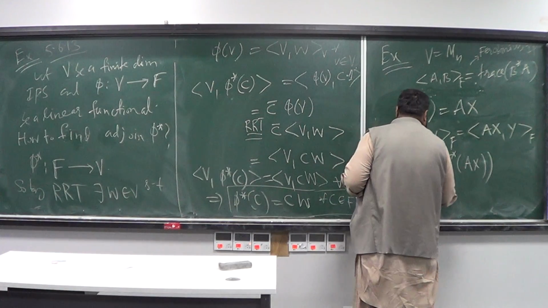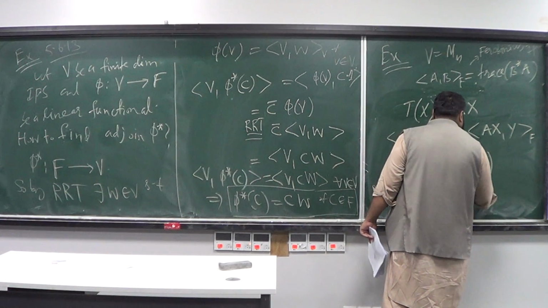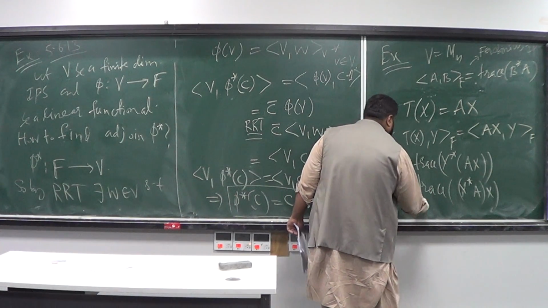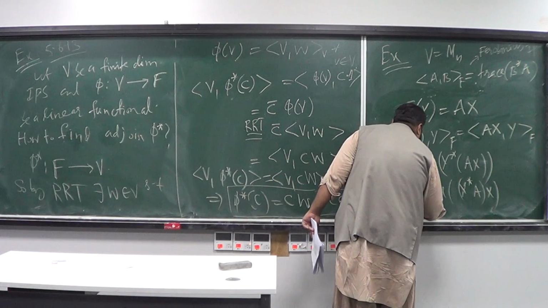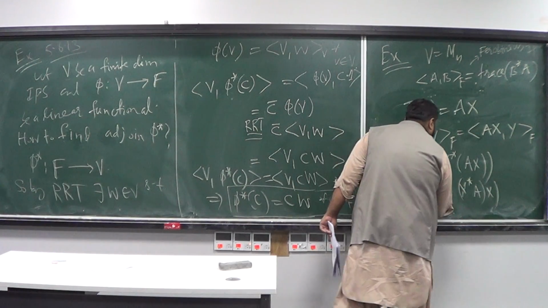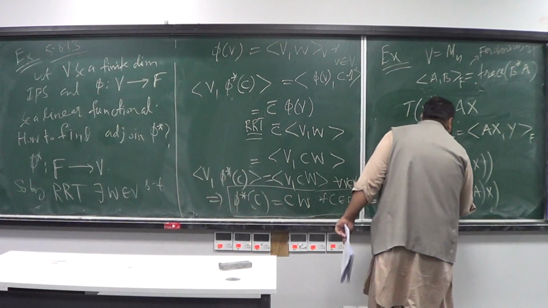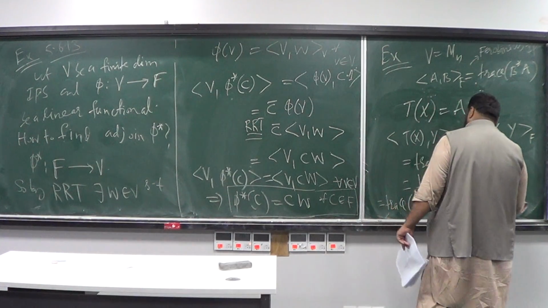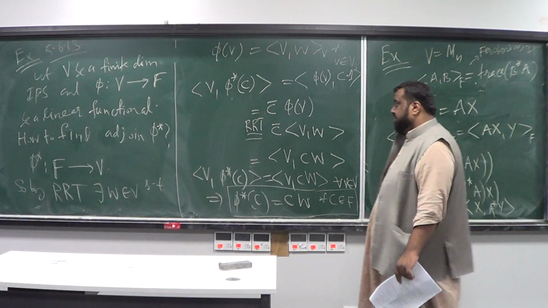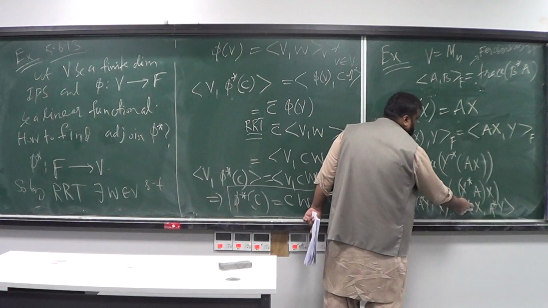Then, by using the associativity, I can also write this as the trace of A star Y star X, hmm, that is, the trace of (A star Y) star X. And if you apply the Frobenius definition again, it's going to be the inner product of X and A star Y. So this shows that the inner product of TX and Y is equal to the inner product of X and A star Y.